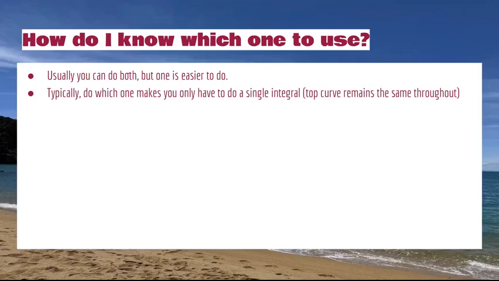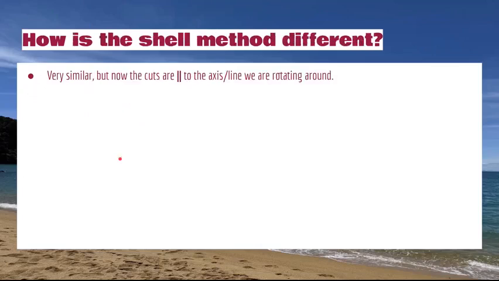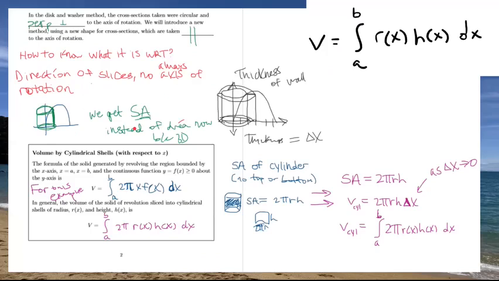And if that changes, then you have to separate the integral into parts. So that's what I'm saying. It's just a matter of which one's easier. Usually you can do both, but one would be harder. Like I said, we're going to be parallel to the axis or line we're rotating around.